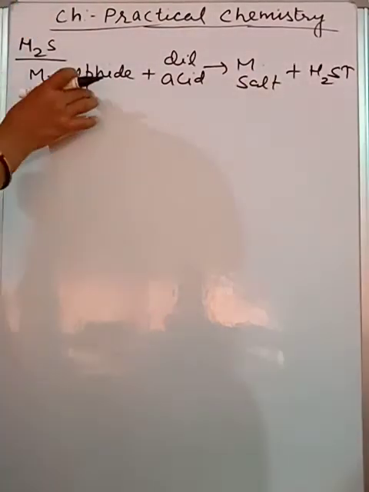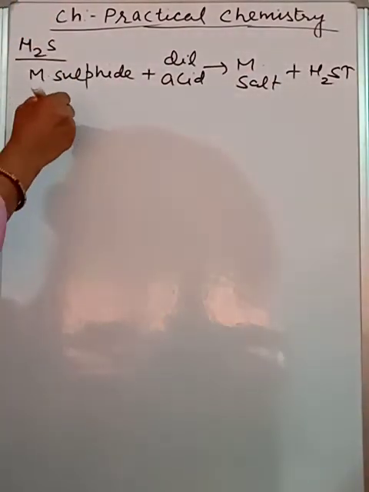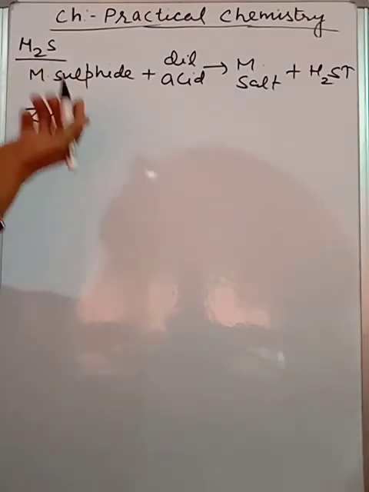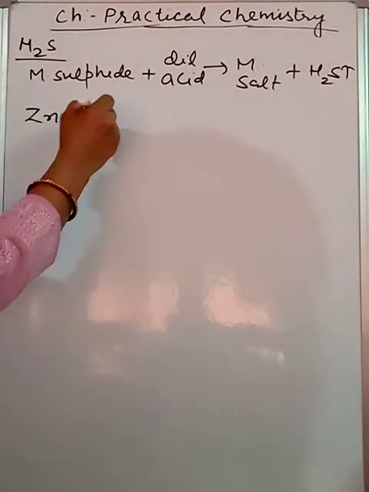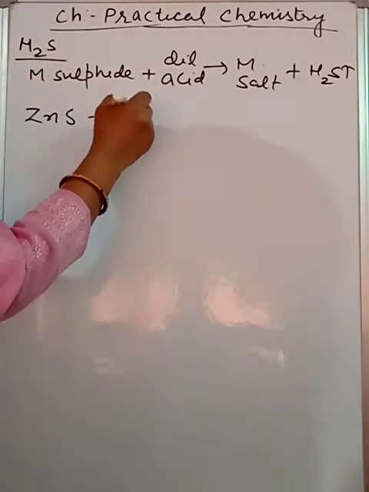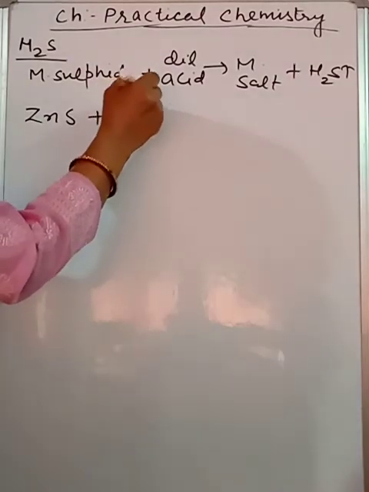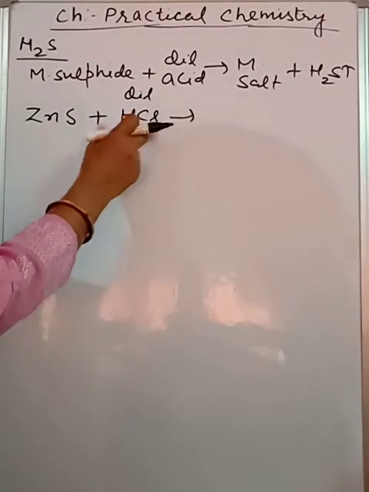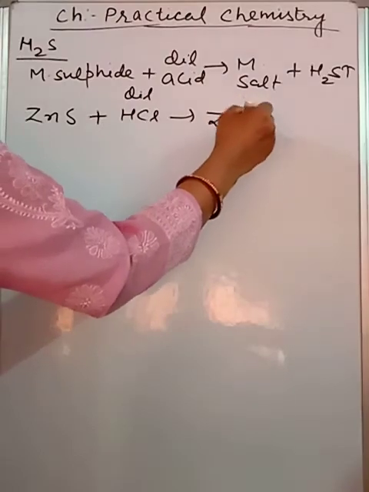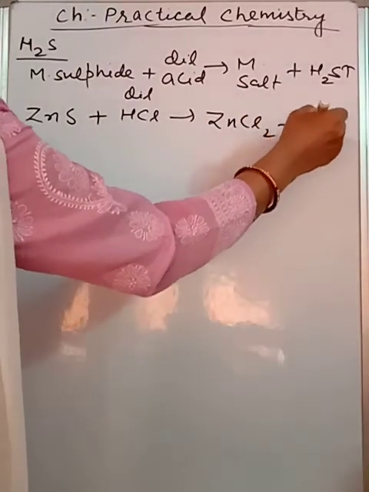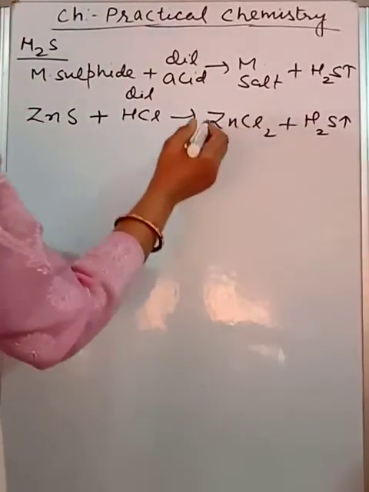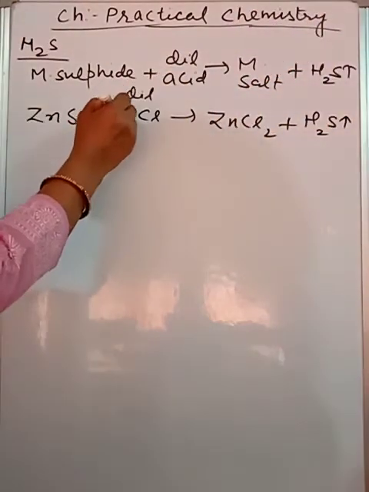For metal sulfide we can take ZnS, we can opt for any one, but you take ZnS plus dilute acid. We can use HCl, we can also use H2SO4, but here I have taken this one. So the metallic salt, what will we get? ZnCl2, plus we will get a gas, and for that gas I have given an upward arrow.